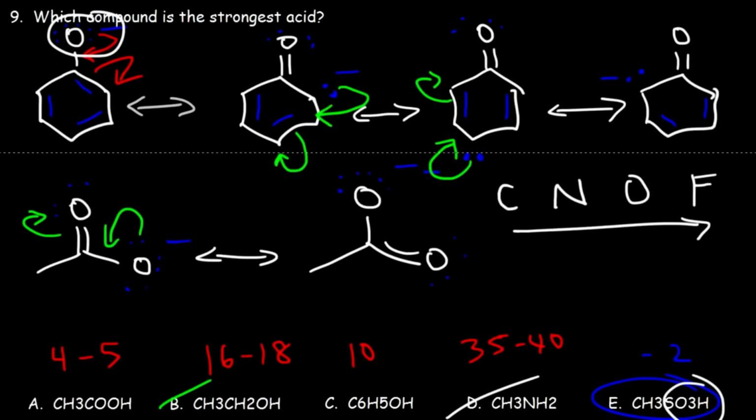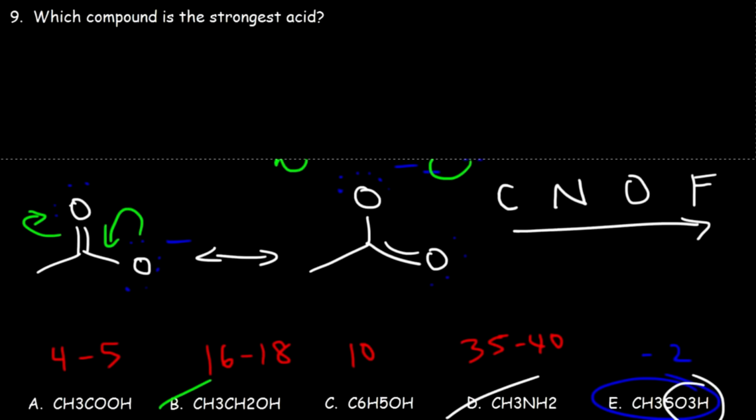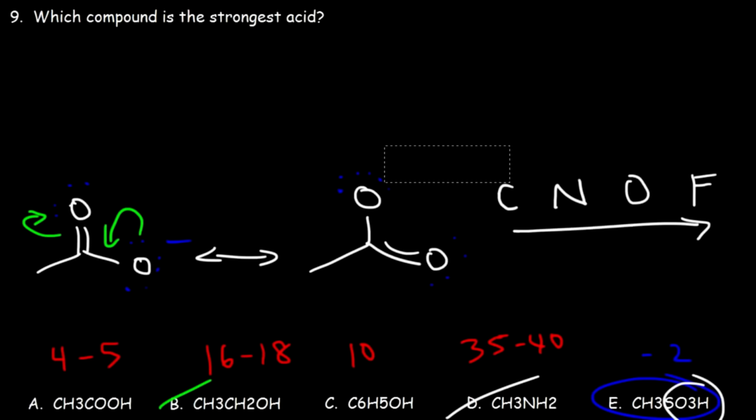So let me get rid of this stuff. So let's draw the conjugate base of methane sulfonic acid. Instead of drawing a methyl group, I'm just going to represent it with an R group.